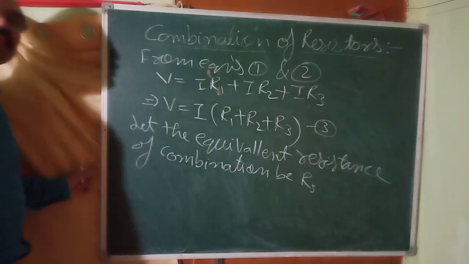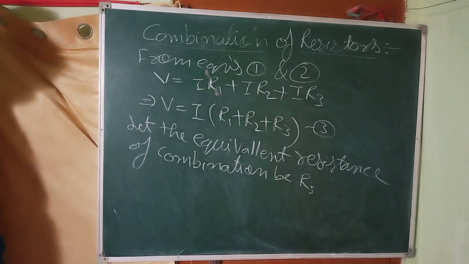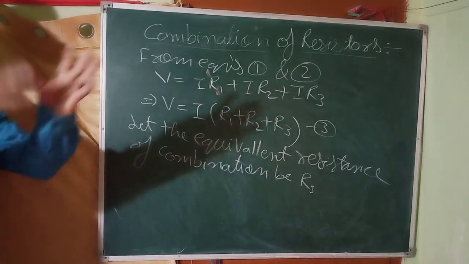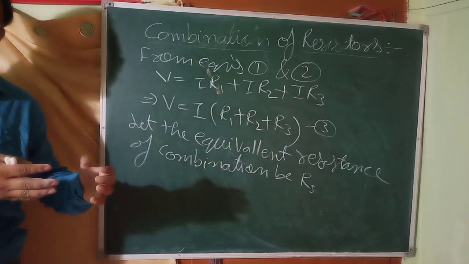Why am I writing RS? Because this is a series combination. What is the meaning of equivalent? Equivalent means whatever effect all the three resistors together in that combination are producing in that circuit.